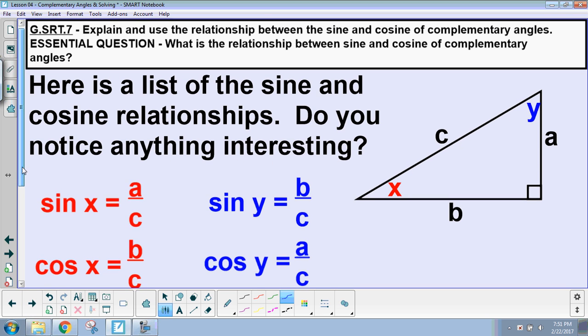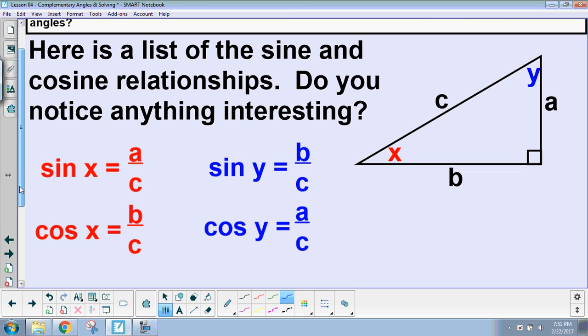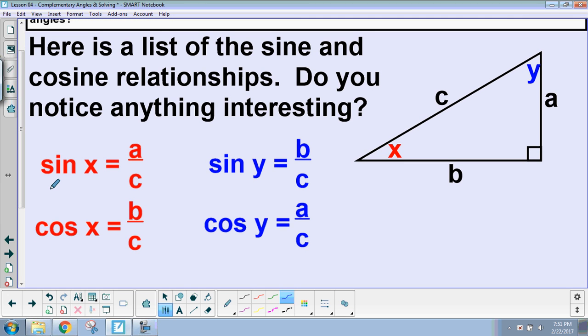Here's a list of sine and cosine relationships. Do you notice anything interesting? Just take a second and look at it. Alright. Notice these fractions are the same. And I'll change colors. And this one's the same as that one.